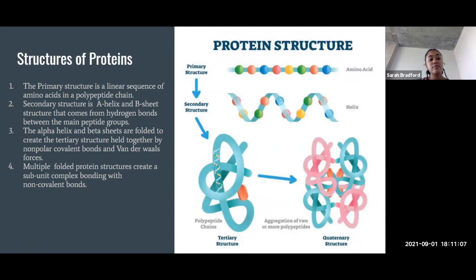The alpha helix and beta sheets are folded to create the tertiary structure, which is held together by non-polar covalent bonds and van der Waals forces. And the final structure is multiple folded protein structures that create a subunit complex, bonding with non-covalent bonds. And here to the right is a diagram of the different protein structures and what they look like.